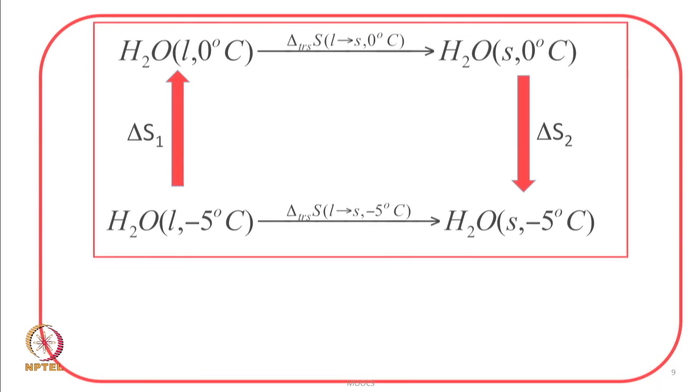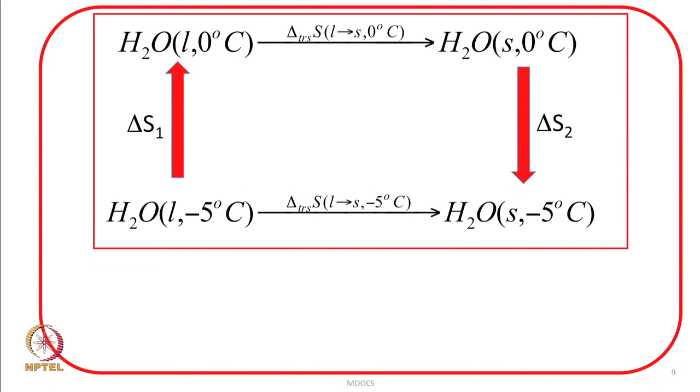Now, how do we calculate for the surroundings? For the system we have calculated, and if you remember, the entropy change in the surroundings is to be calculated from the knowledge of the actual amount of heat transferred to the surroundings divided by the temperature. So, we need to know the total delta H corresponding to the surroundings and the temperature.